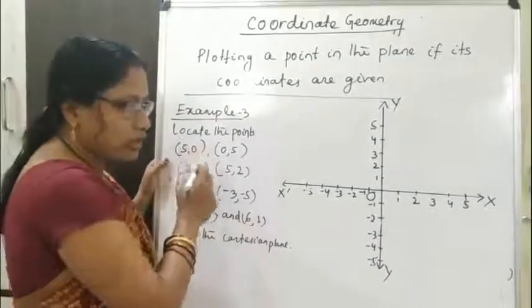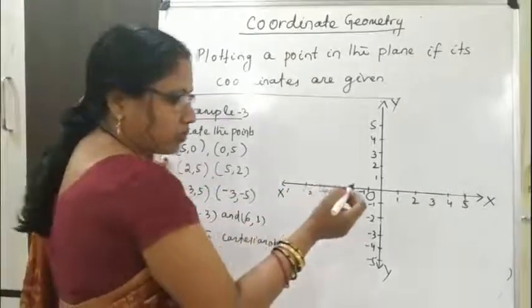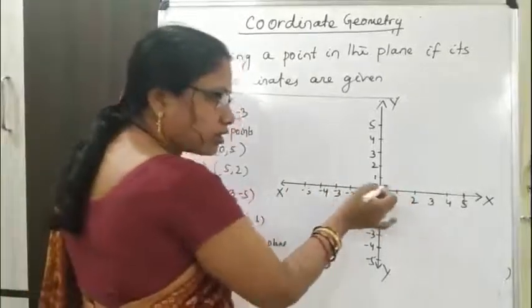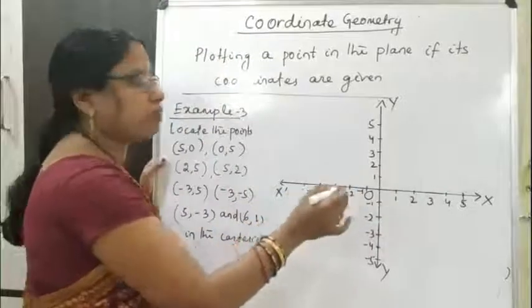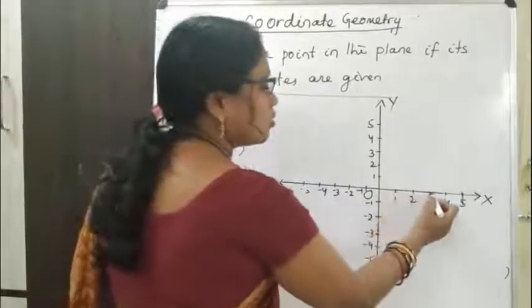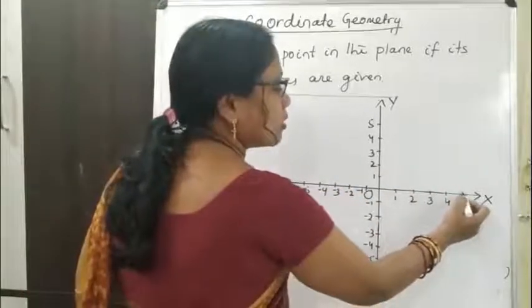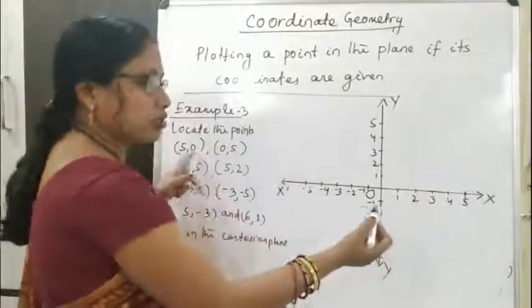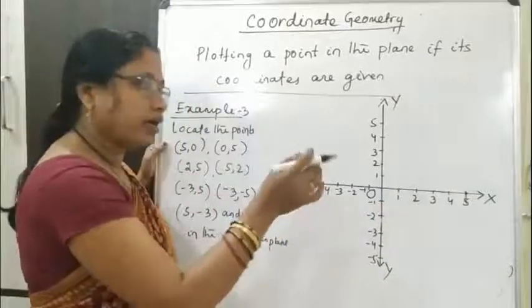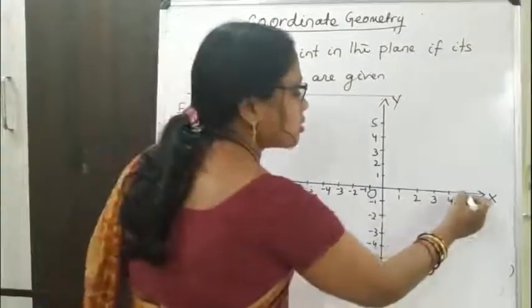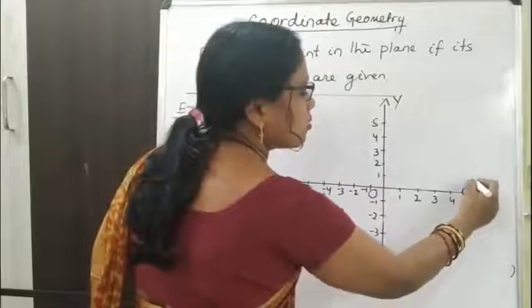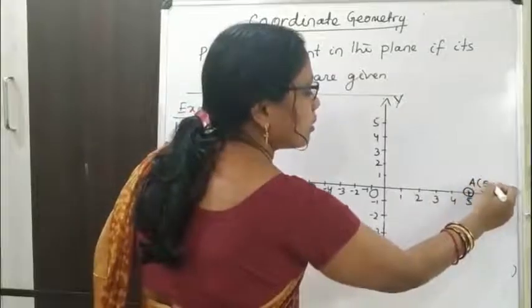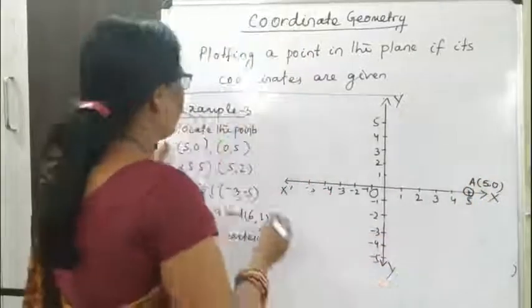The x coordinate is 5. So you move along the x-axis towards positive direction, 1, 2, 3, 4, 5. From point 5, the y coordinate is 0, so that point will lie on x-axis. Let this be point A, having coordinates (5, 0).